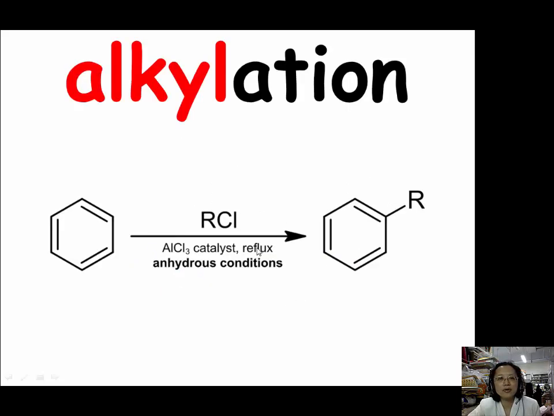See our example. For alkyl, we have one example, alkylation. In organic chemistry, alkylation is referred to any reaction in which an alkyl group, which is shown here as R, is added to a molecule.